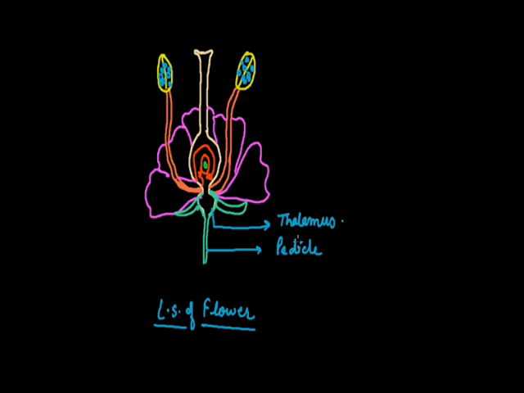After that, the accessory whorl starts. The first whorl of this accessory structure is the sepals, which form a complete cyclic whorl known as the calyx. Later on, you will see the decorative, variously colored structure of a flower.